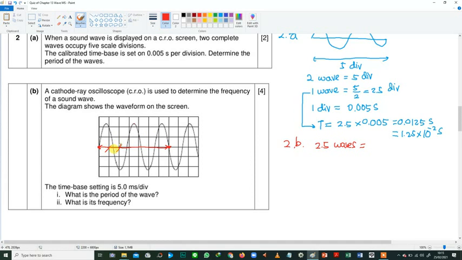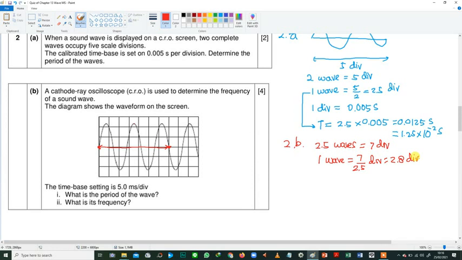It's 1, 2, 3, 4, 5, 6, 7. So it's 7 divisions. So let's find how many divisions for 1 wave. 1 wave is equal to 7 divided by 2.5 divisions, so it's gonna be 2.8 divisions.